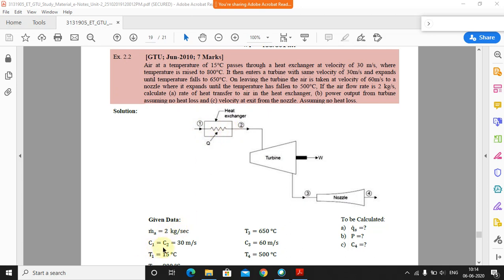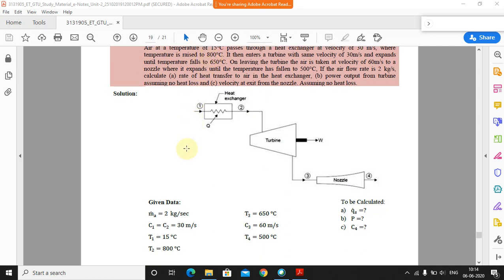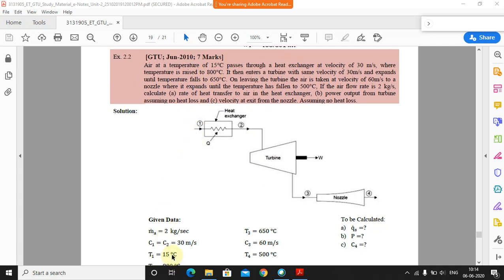So C1 and C2 are equal to 30 meters per second. Then the temperature is given as 15 degrees Celsius, so initially the temperature of the air is 15 degrees Celsius, and when it comes out the temperature is raised to 800 degrees Celsius. That means T2 is given as 800 degrees Celsius.